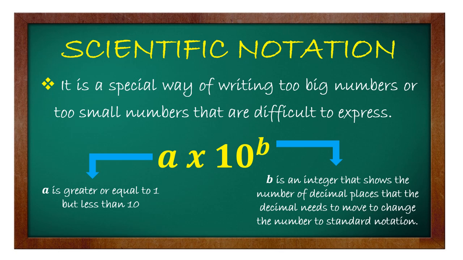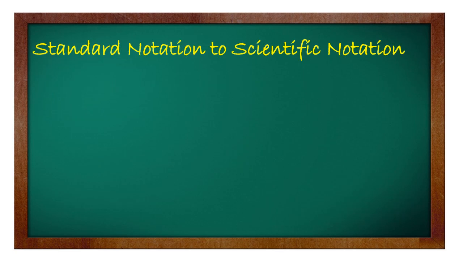So, para mas maintindihan si Ma'am, let's have an example. Changing standard notation to scientific notation. So, first, we have to locate the decimal point. Okay? So, alamin mo muna or hanapin mo muna kung nasaan yung decimal point natin.